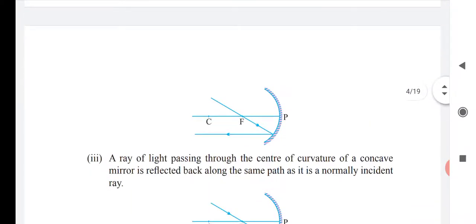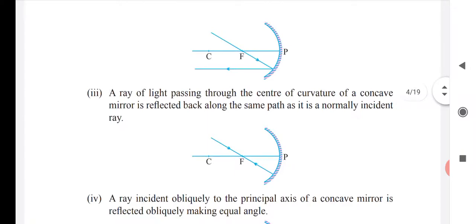You can see here they are sending a ray passing through the focus. After reflection it will go parallel to the principal axis. If you send a ray passing through the principal focus, after reflection it always goes parallel to the principal axis. This is the second rule.